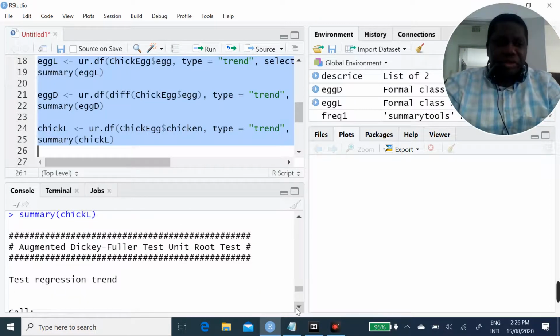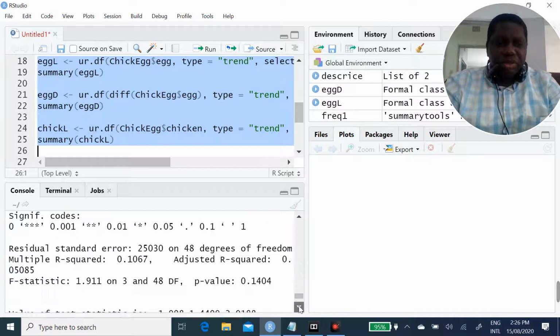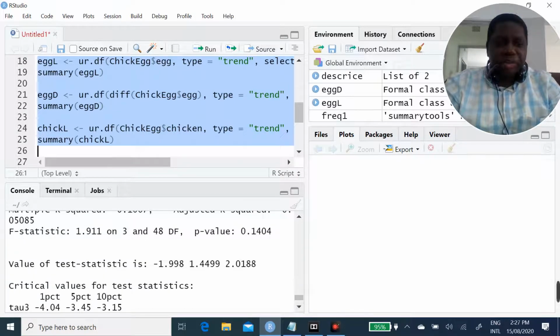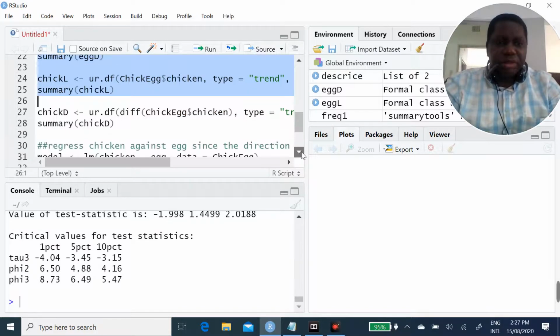So you do that also for chicken. At levels also, you can see that it's minus 0.1998, insignificant. Then after first differencing, okay, that result did not come out, so let's come here.